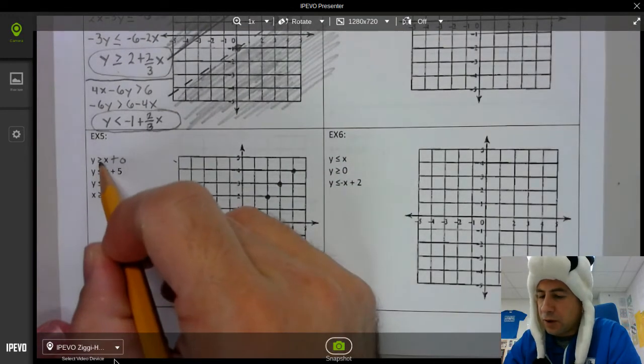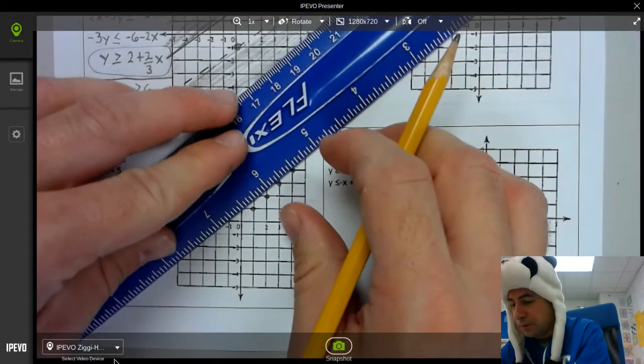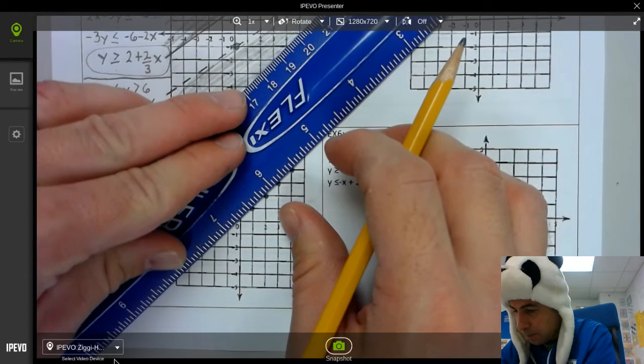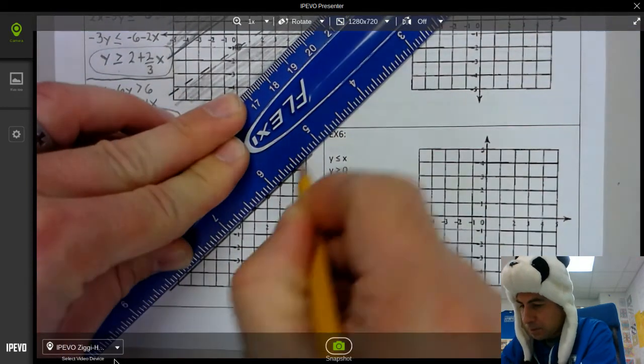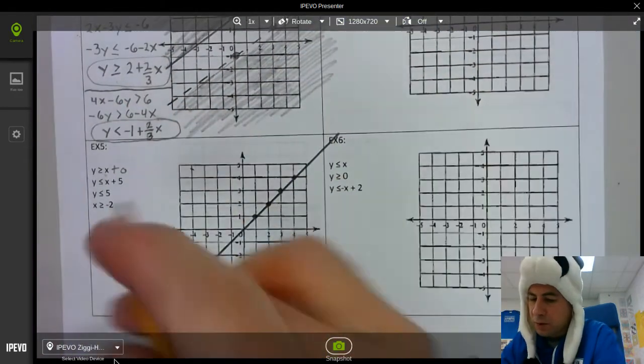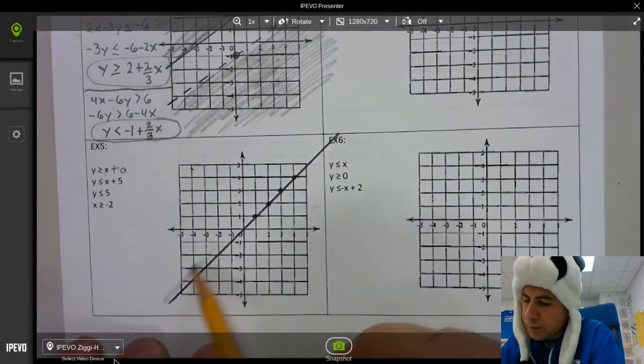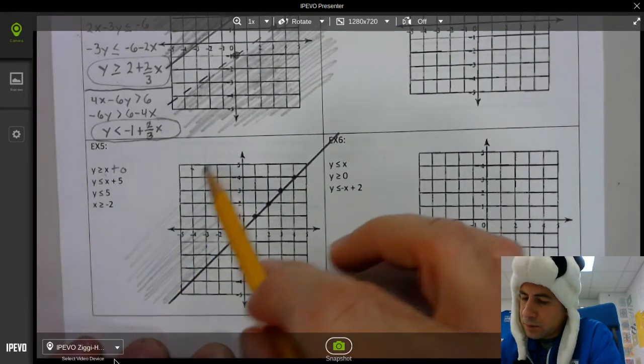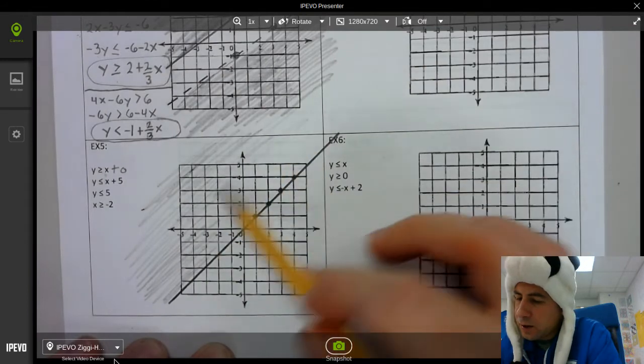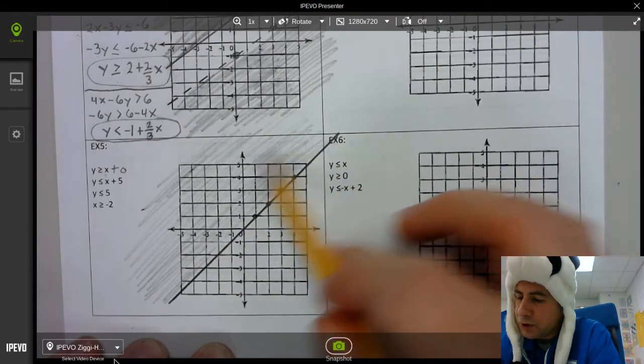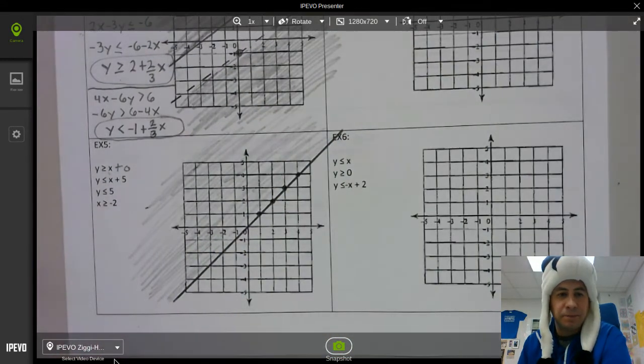There's a line underneath, so it's a solid line. We see it's greater than, so we're going to shade above. You'll notice that I'm shading light, and the reason I do that is because I'm only going to shade dark when we do the overlapping region.